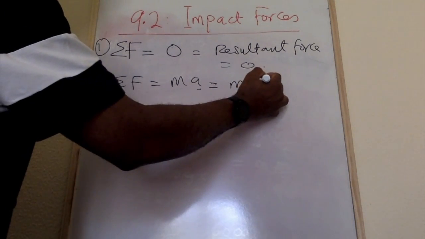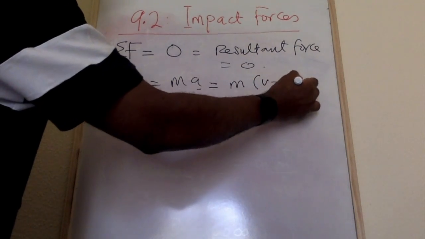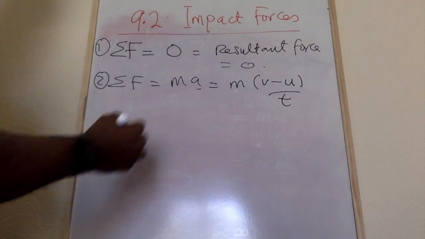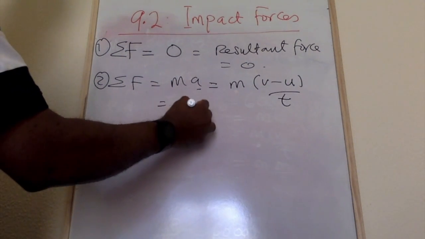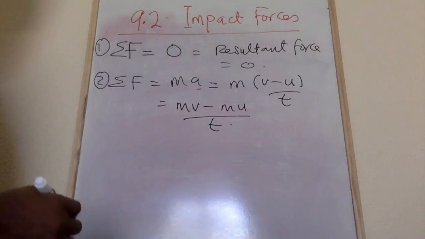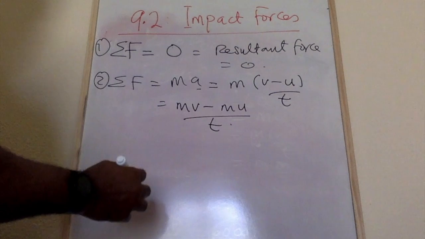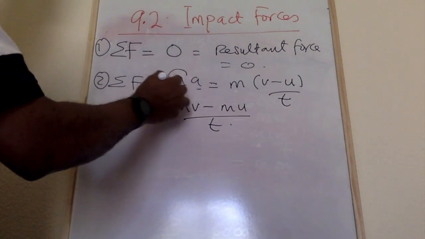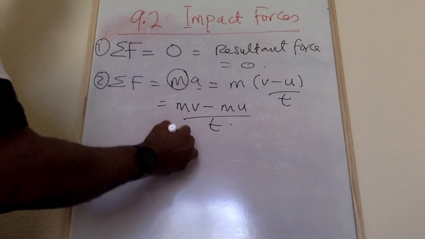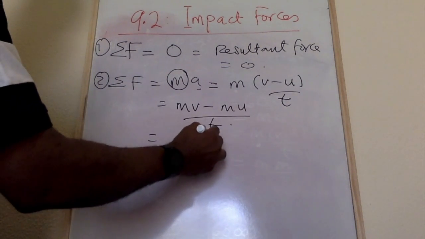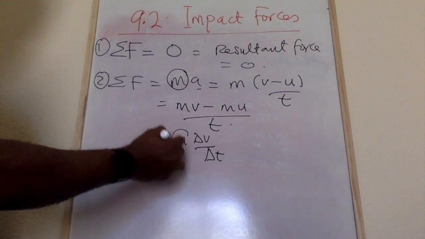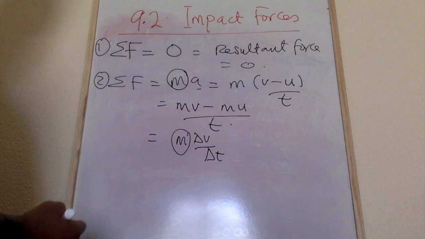And then we went on to open up that formula for force, which is ma. We want to find the definition for acceleration, which is v minus u over t, which we already know. And then we open it up to become mv minus mu over t. We also spoke about the possibility that the mass of an object will remain constant, in which case this then becomes m delta v over delta t, which means the mass is constant, but the velocity is changing.